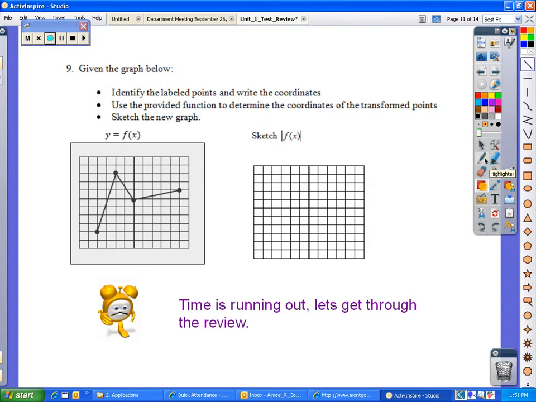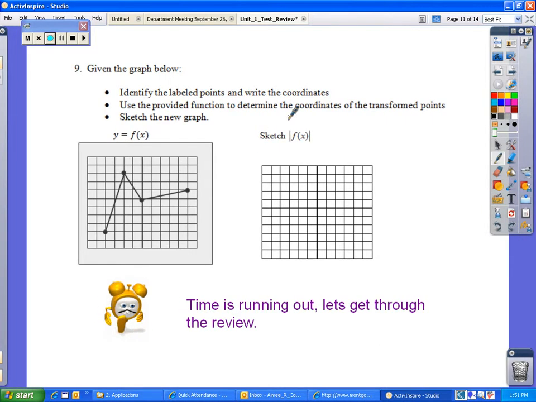When you do the absolute value of the function, you want to take what's below and reflect it above. So what that looks like is you are literally going to take the points that are below the axis. So you're going to take this point here, which is negative 4, and you are going to reflect it on the x-axis, which then makes the y value positive.